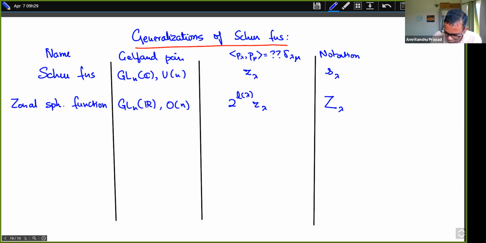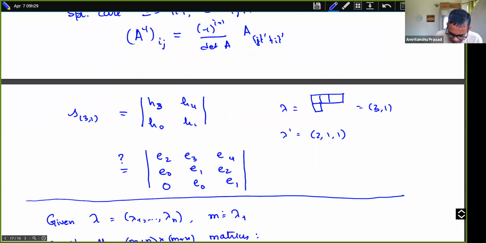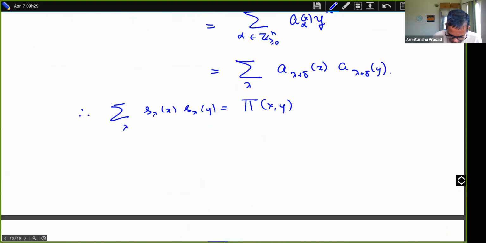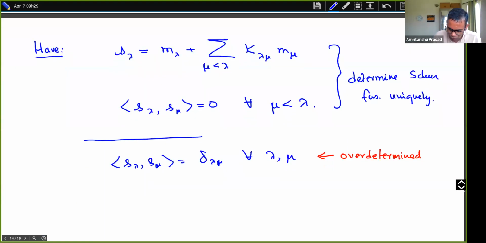Just as Schur functions are overdetermined by these conditions, remember that we saw that Schur functions are determined completely by two conditions. Firstly, that the transition from monomial symmetric functions to Schur functions is triangular. And the second is that Schur functions form an orthonormal basis. But this is kind of overdetermined, because if you do Gram-Schmidt orthogonalization starting with monomial symmetric functions, you only get a limited set of orthogonalities, but we actually have more.